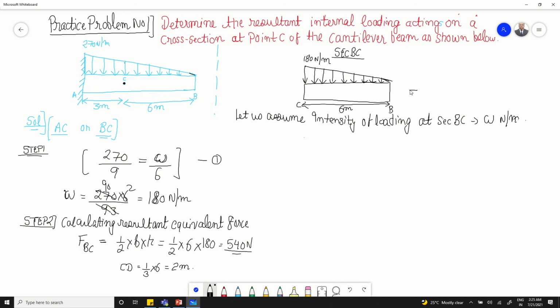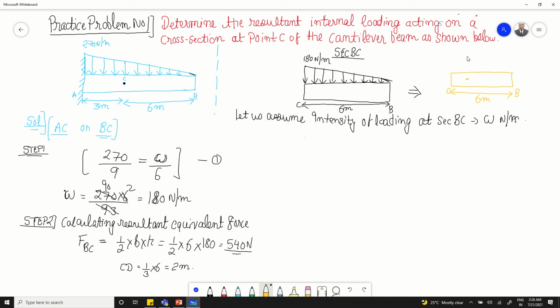So it actually looks like this. This section looks like this. This is C, this is B. This is roughly 6 meters. Now from this we have got a point D here.